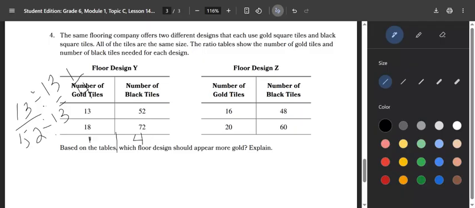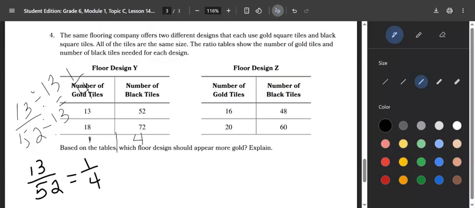So 1 over 4. Let me see if I can get a thicker pen if that'll help. So let me just write it down here: 13 over 52 is equal to 1 over 4.